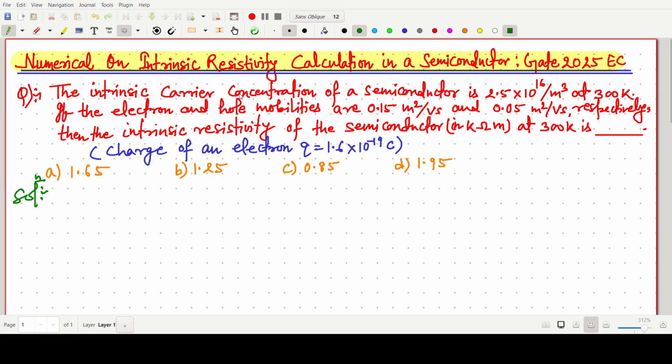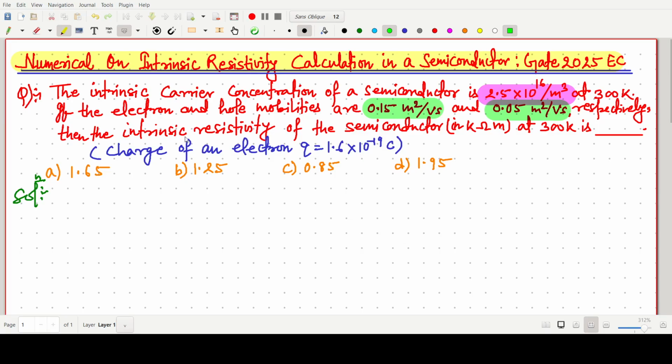So the question is, the intrinsic carrier concentration of a semiconductor is given as 2.5 into 10 to the power 16 per meter cube at 300 Kelvin, and the electron and hole mobility are 0.15 meter square per volt per second and 0.05 meter square per volt per second.